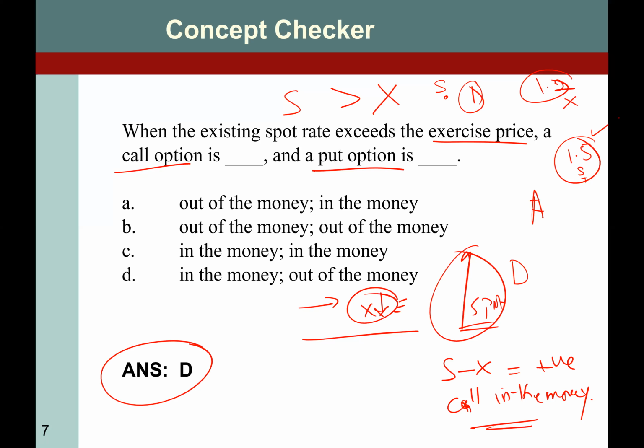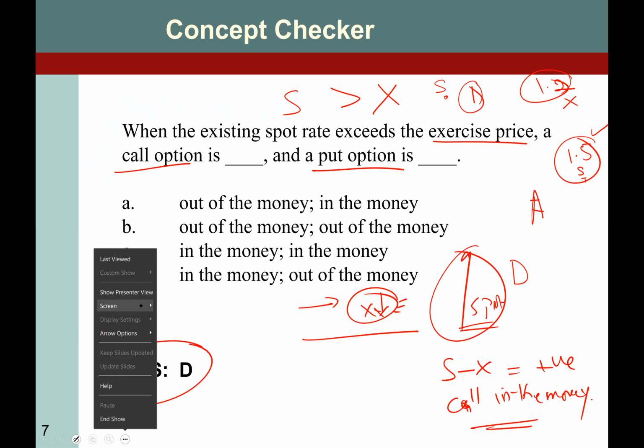How? Is this call or put? Call. How is this out of the money? Because the money shouldn't be 1.2, I mean, it's more than that.